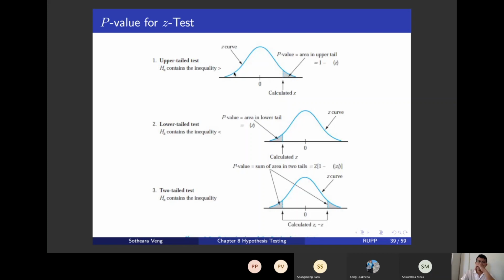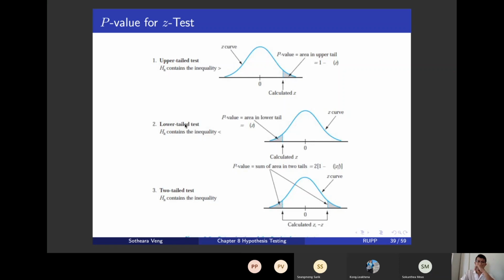Here for the upper tail test, I refer to the right tail test. When you compute the test value, this p-value corresponds to the area under the curve to the right of the test value.